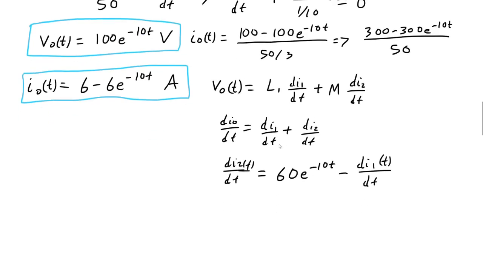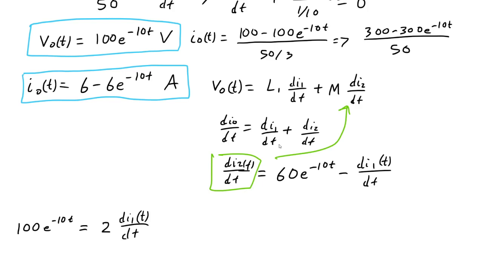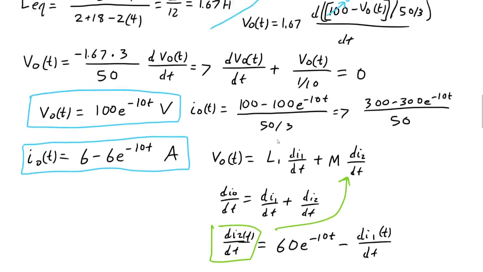So we're going to substitute that in to here, and we're going to solve. So if V0(t) is 100 e to the minus 10t volts, and we have L1 is 2 Henry, dI1(t)/dt, and it's plus M. M is 4, I think.